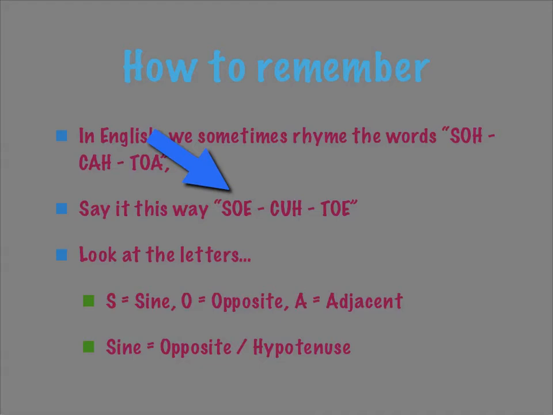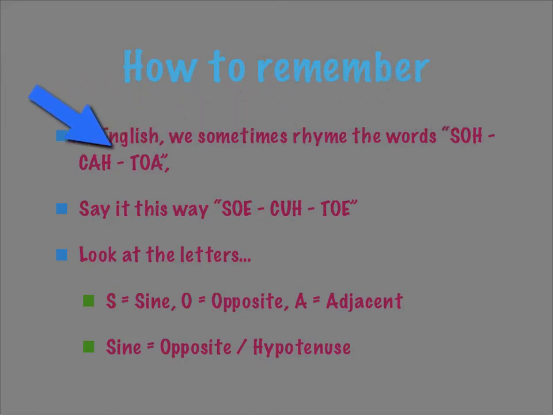Let me move this over here. Where's my little hand? I'm going to move this over here. So it is S-O-H, even though you sound it out "so." That's sine, opposite over hypotenuse. And again, opposite divided by the hypotenuse.